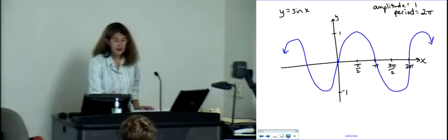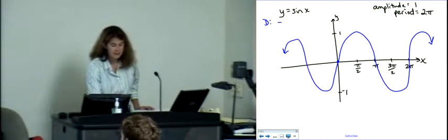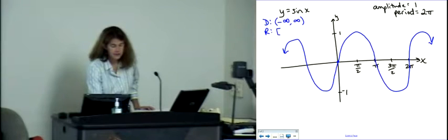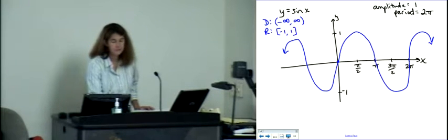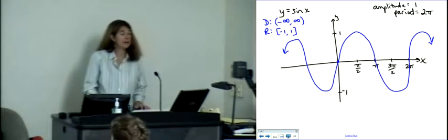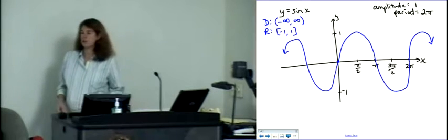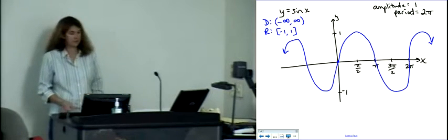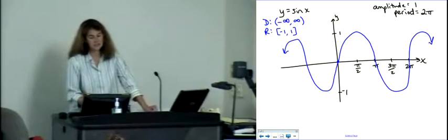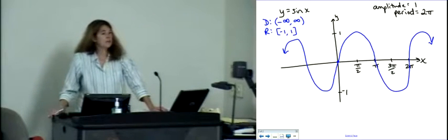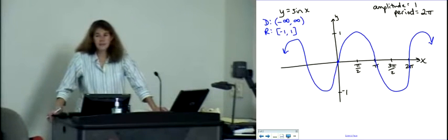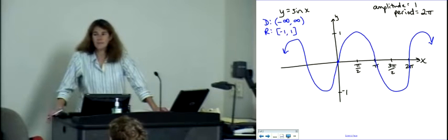We said for the sine graph, the domain is all real numbers, and the range is from -1 to 1. Remember the domain refers to your x-coordinates, and the range refers to your y's. And one other thing, do you remember if the sine function is even or odd?